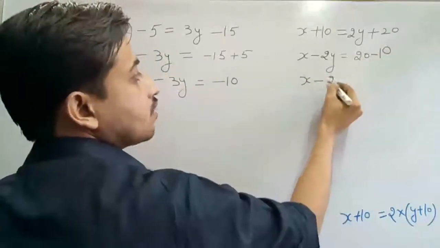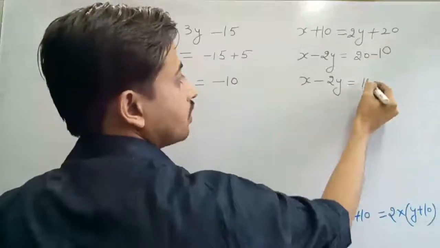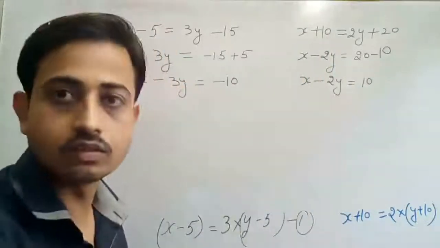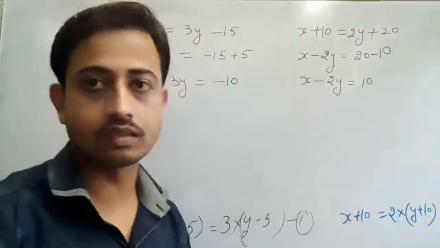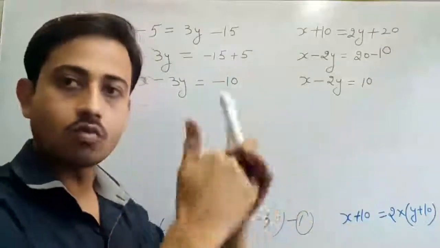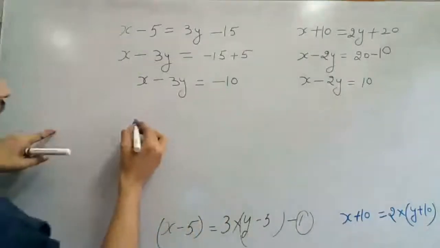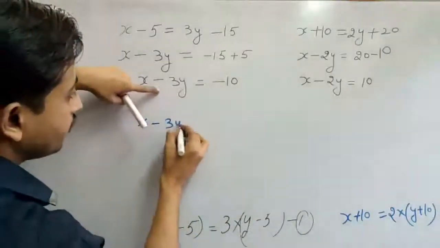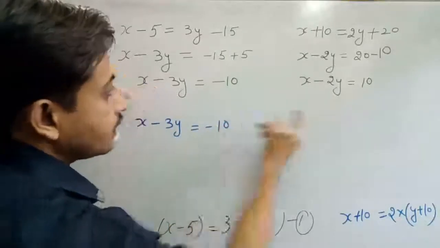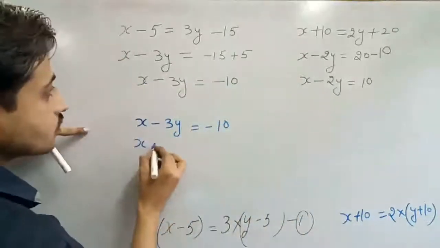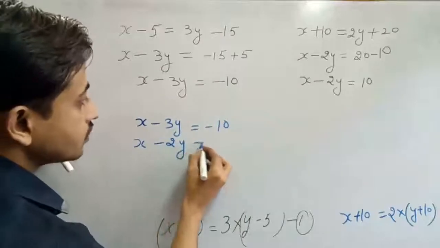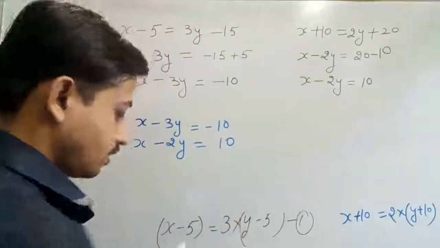We get x minus 2y is equal to 20 minus 10, 10. So these are the equations. Please write one by one. X minus 3y is equal to minus 10, and this is what? X minus 2y is equal to 10.